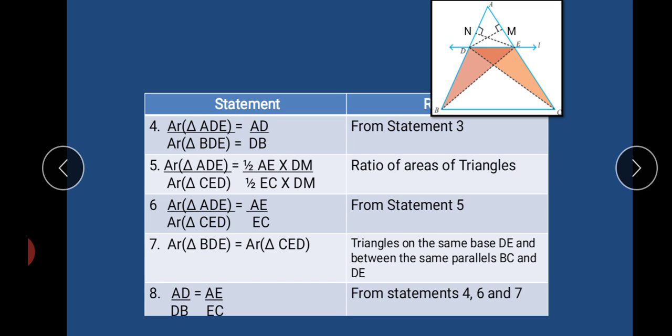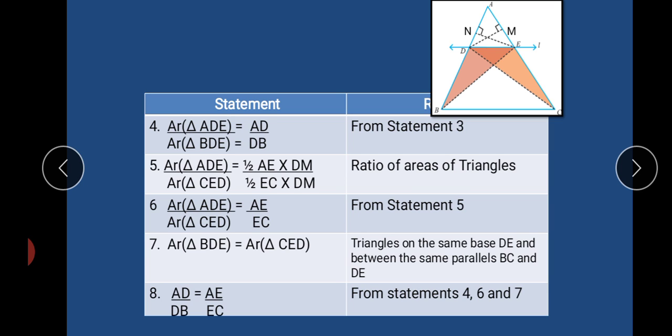Now we will take the triangle with AE as the base, that is area of triangle ADE upon area of triangle CED, where we want EC as the base.